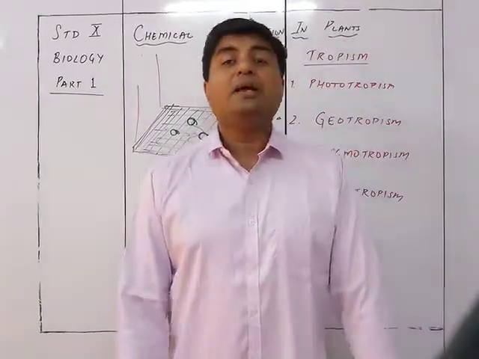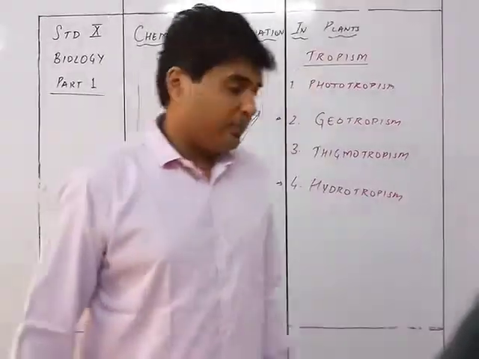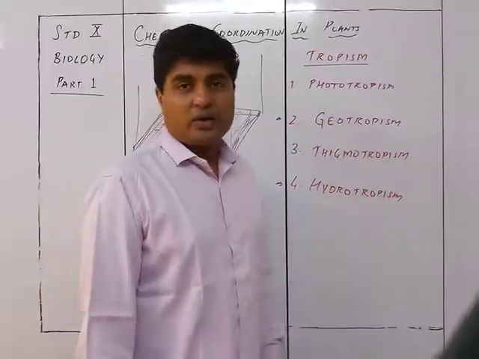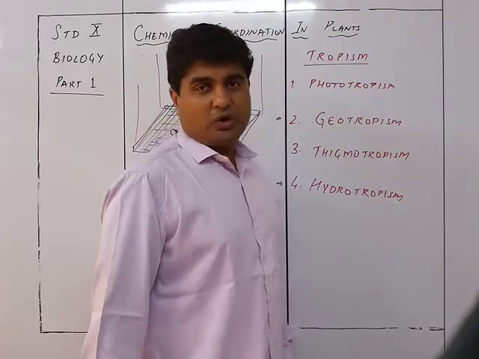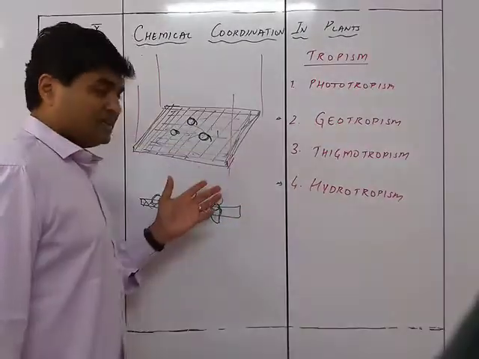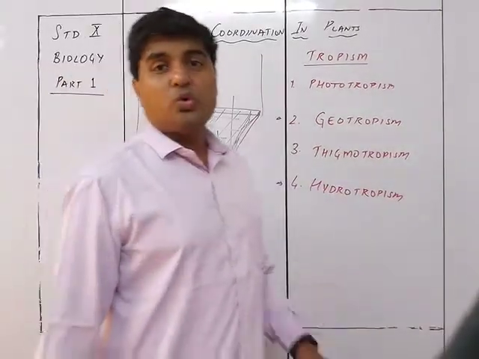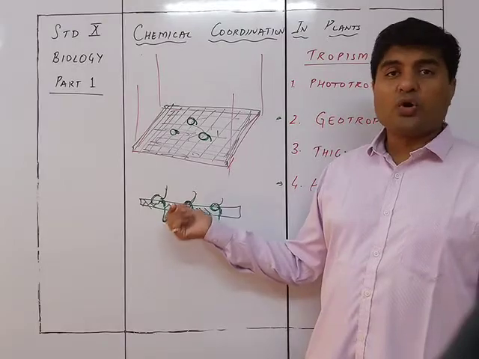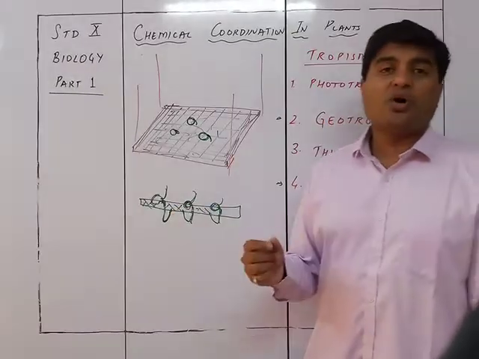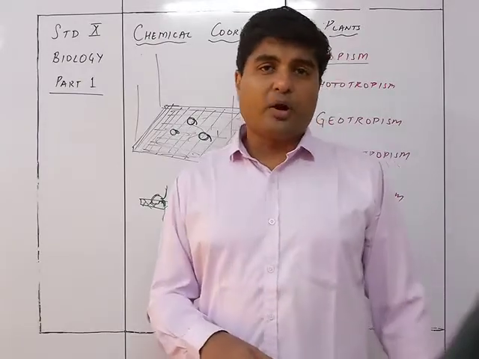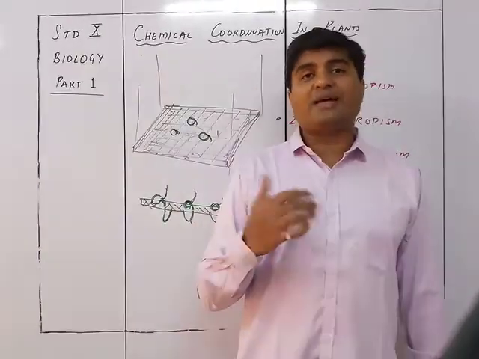So you can see that even though we know geotropism is also a very important thing for roots, and roots grow in a positively geotropic manner, in some special conditions like this, the root may develop negative geotropism and go towards hydrotropism, because for it water content is much more important than the gravitational pull.